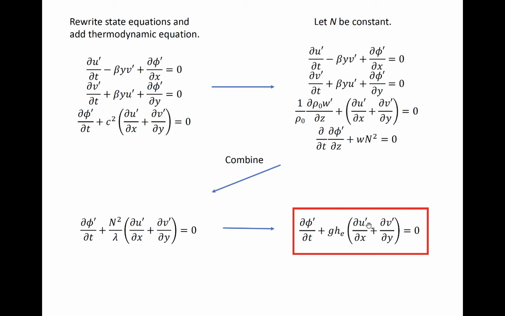The resulting equation in the red box looks essentially the same as the mass continuity equation written in terms of geopotential, except that the equivalent depth is now used, and the phase speed is root g times equivalent depth instead of just root gH. Here, we have assumed that geopotential has a first baroclinic vertical structure.